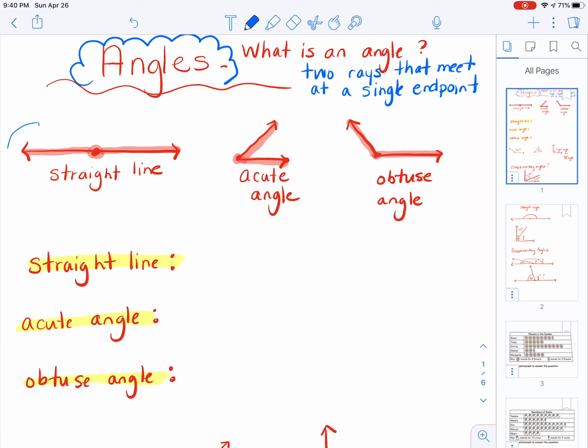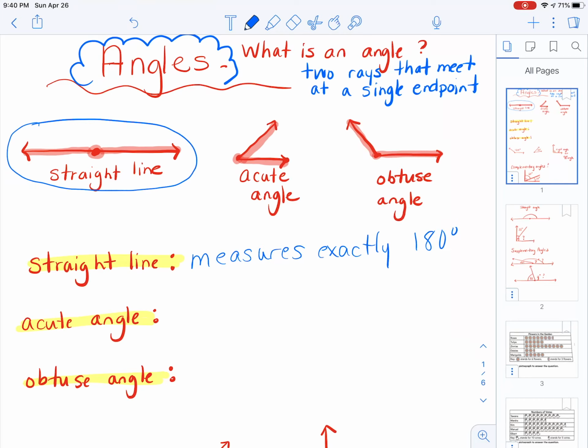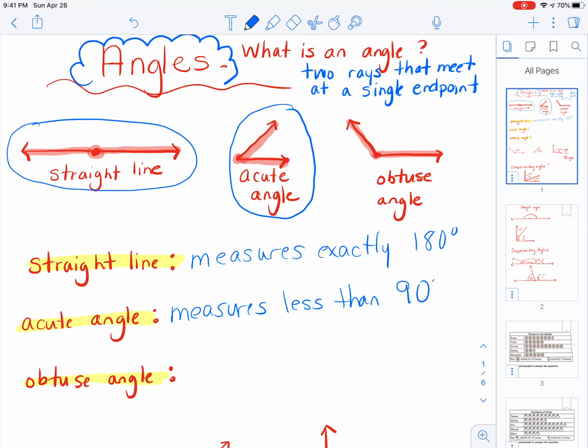A straight line, which is this one right here, measures exactly 180 degrees. An acute angle, and I always kind of like to talk about it being so cute, it's little and it's cute, is an angle that measures less than 90 degrees.